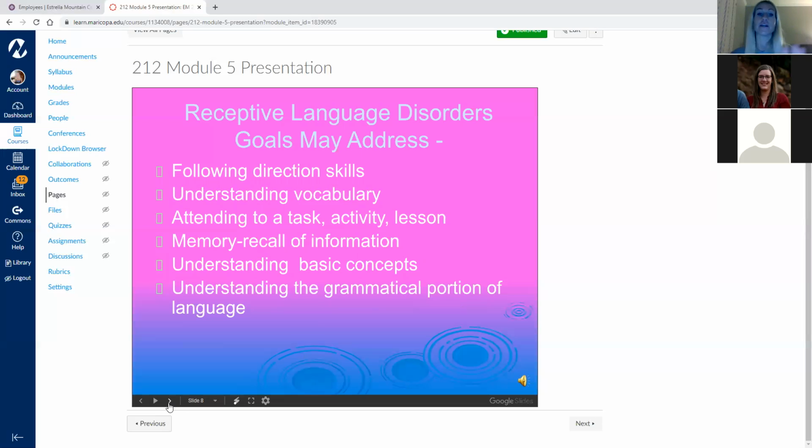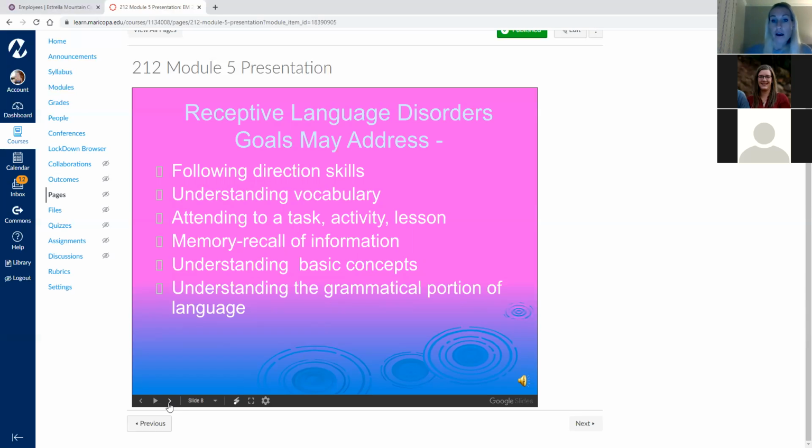If you ever see a goal like that, the target of that goal is receptive language. I think a lot of my SLPAs always question that goal, but it's because they don't even have the precursor to work on receptive language. We have to work on that precursor skill of attending.